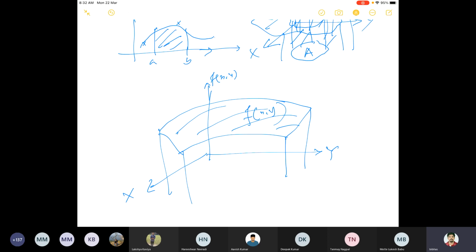Then suppose I am taking some A here, then the probability here is nothing but the volume. If you project this, this is the volume. So the volume of this part is actually the probability. Whenever we had the area interpretation when the PDF is given to you, this was just a curve f of x.